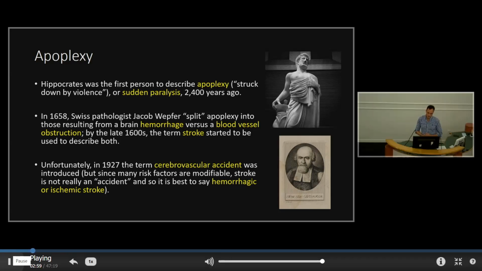So you can really impact the chances of developing one in the future by purposefully modifying risk factors. It's not really an accident in that sense, and a lot of people got upset about that. So the way we refer to these things now, when you speak to someone over the phone, it's best to call it a hemorrhagic stroke or an ischemic stroke rather than a cerebrovascular accident. Definitely not CVA.